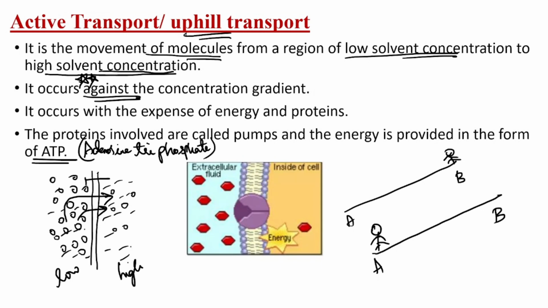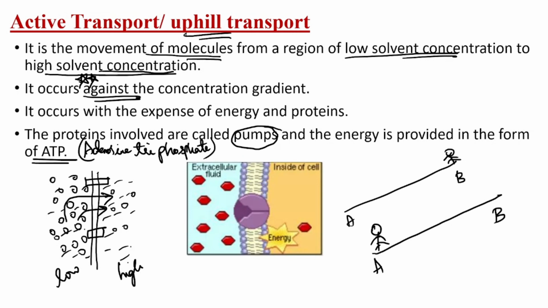They can be polar molecules also, as I have discussed earlier in the previous slide. The inner part of the plasma membrane is completely made of lipids. It does not allow water molecules or ions to pass through it freely. Therefore, we require proteins, but the proteins here are called pumps. Why? They are pumping the ions against the concentration gradient.